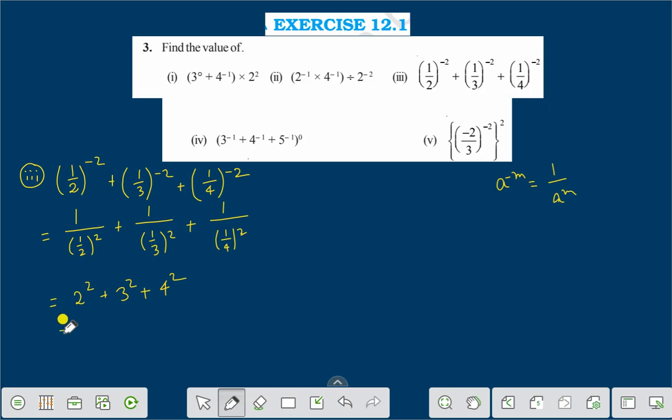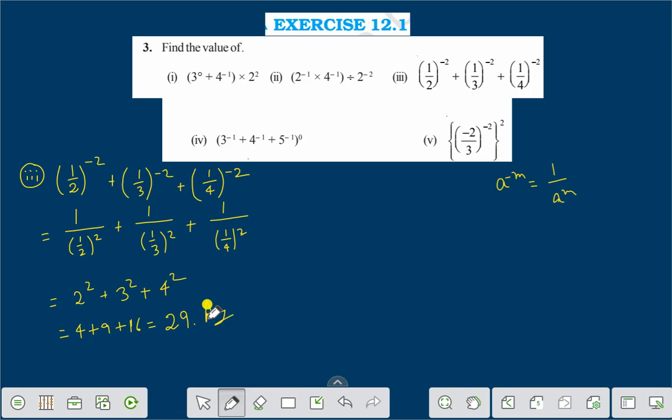So 2 squared is 4, plus 3 into 3 is 9, plus 4 into 4 is 16. 16 plus 4 is 20, plus 9 is 29. Therefore the answer of question number 3 is 29.